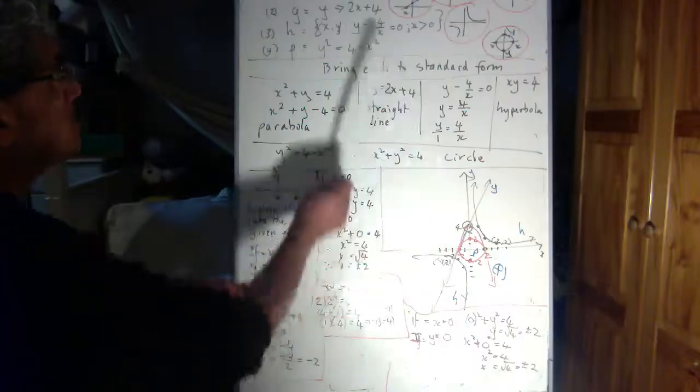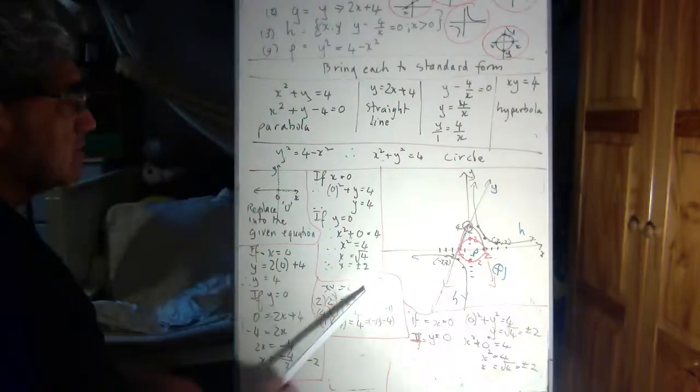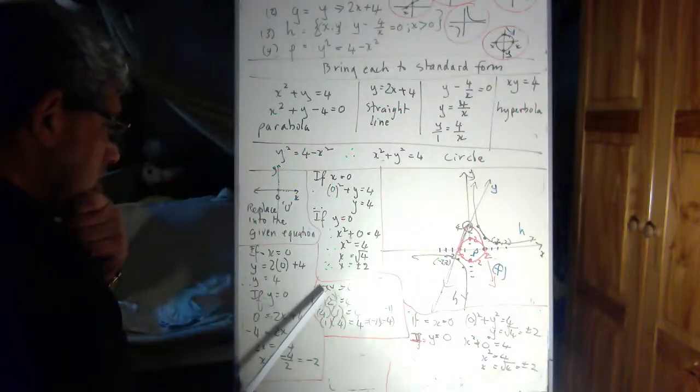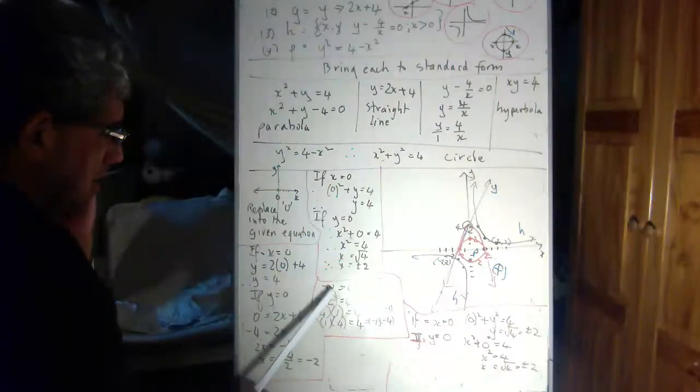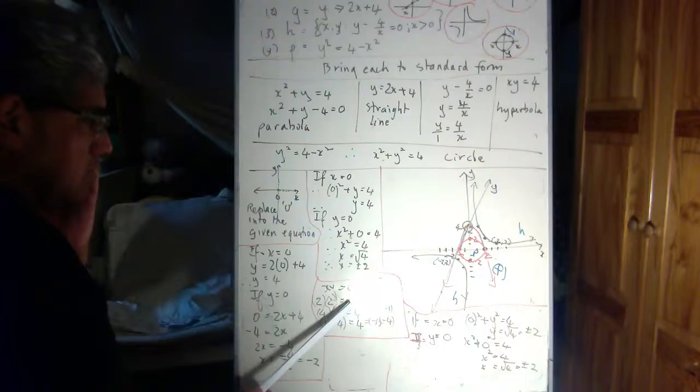Now we do this one here, which is the hyperbola. And it's this one here. X times y equals 4. That's the standard form. So what times what will give me 4? 2 times 2 will give me 4. And minus 2 times minus 2 will also give me 4.